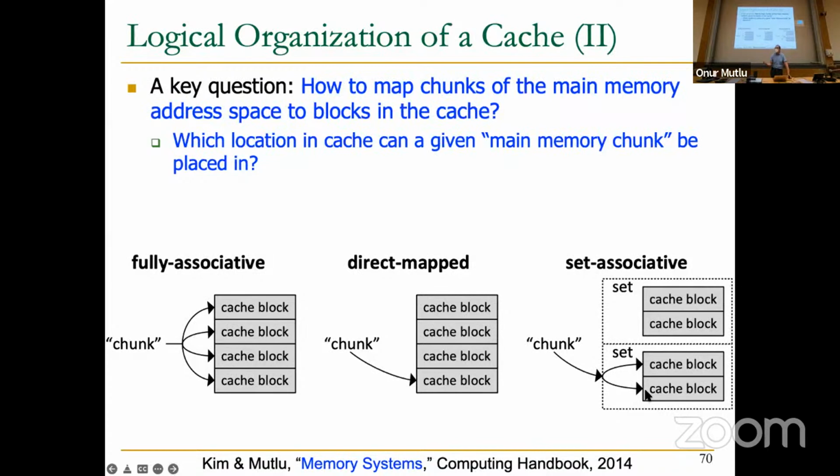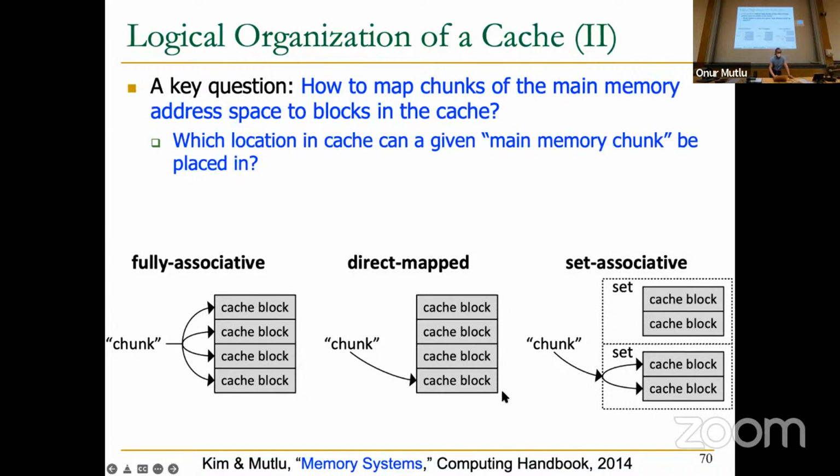This is called a 2-way set associative cache. It's somewhere in the middle, as you can see. Within the set, you need to search the given chunk address across multiple different cache blocks. But across sets, you don't need to search, clearly, because which set a chunk gets mapped to gets determined based on a bit, again, in the address. In this case, 1 bit, because you have 2 sets, as you can see.